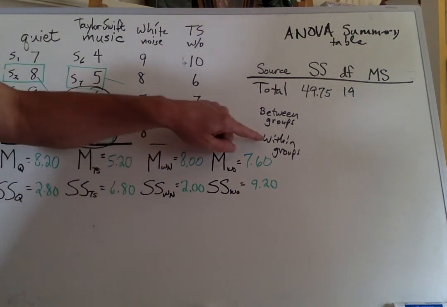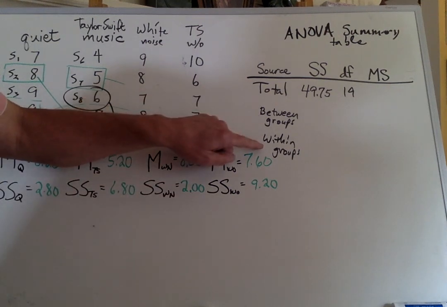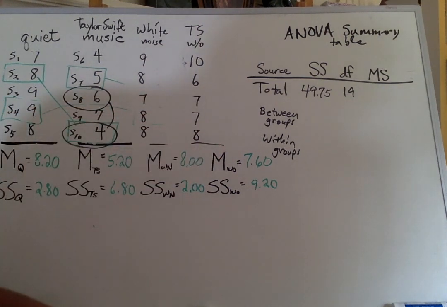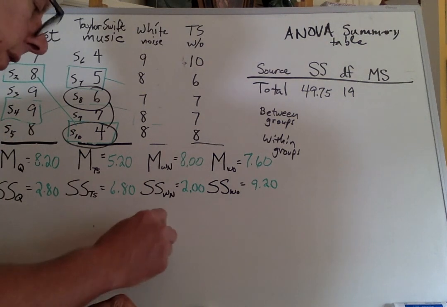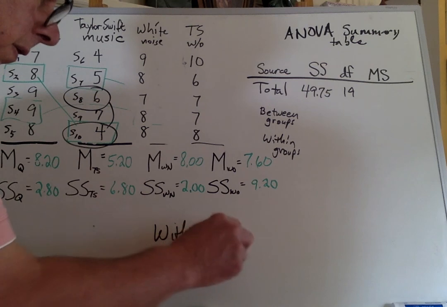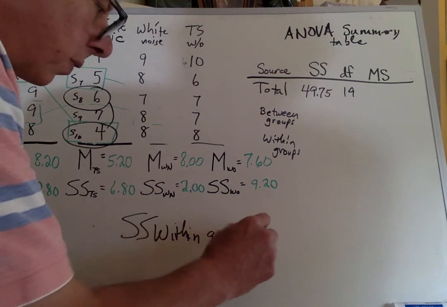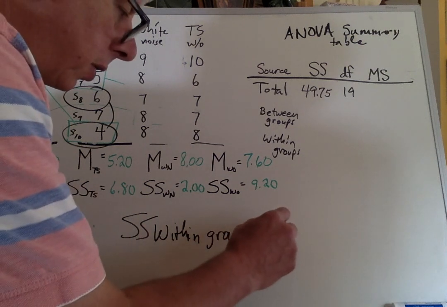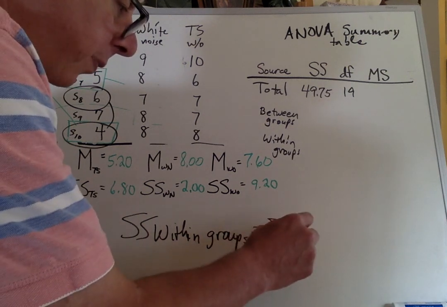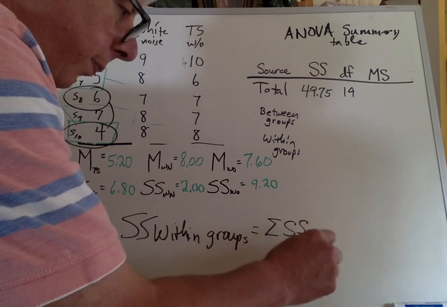For the within groups sum of squares, I'm going to skip the between groups for a minute. The sum of squares within groups is equal to the addition of the sum of squares for each group.